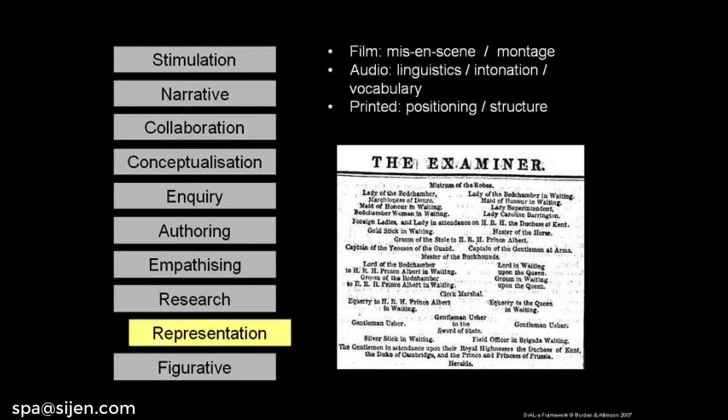Within the context of an audio sound archive, one might be interested in what is being said, but one might also be interested in some aspects of intonational analysis or regional dialect and vocabulary, for instance.